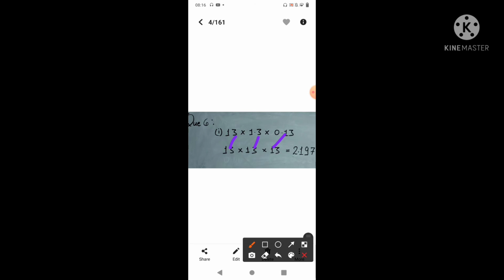No need to put a decimal here. And at the end we will write 13 into 1.3 into 0.13 is equal to, I am writing here.